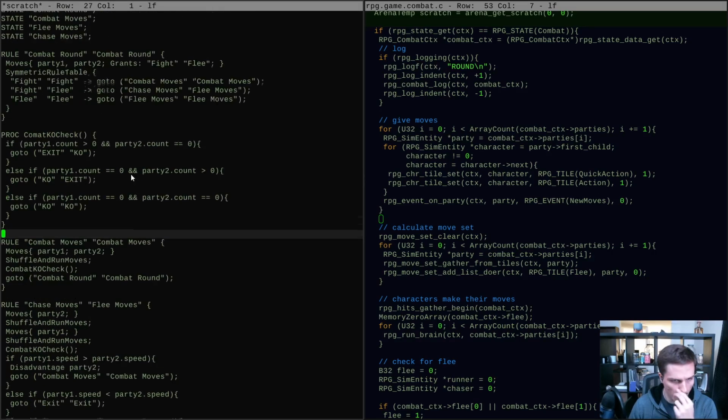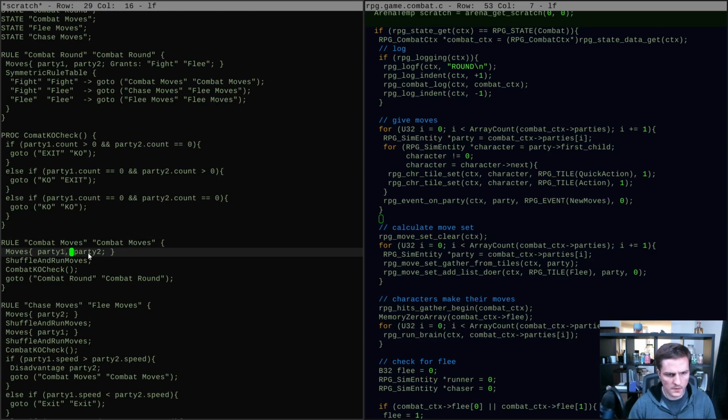So here, combat moves on each of those means we want to do +1 action, +1 quick action.